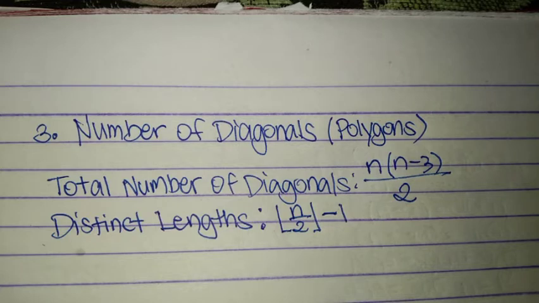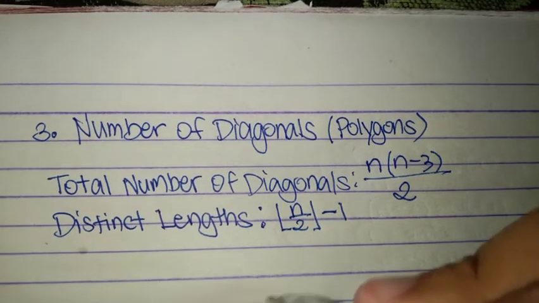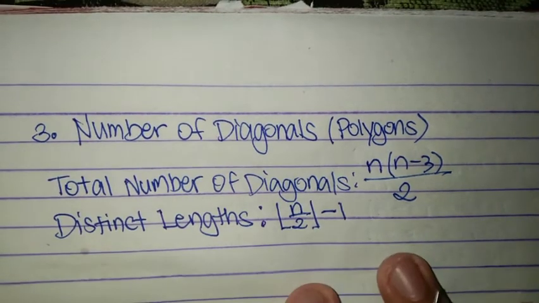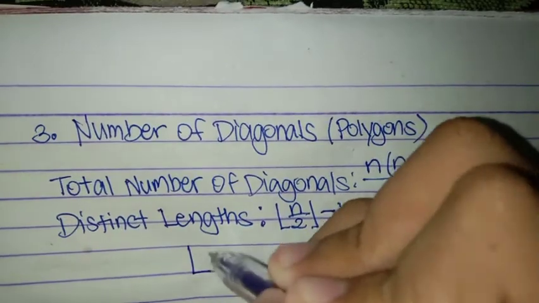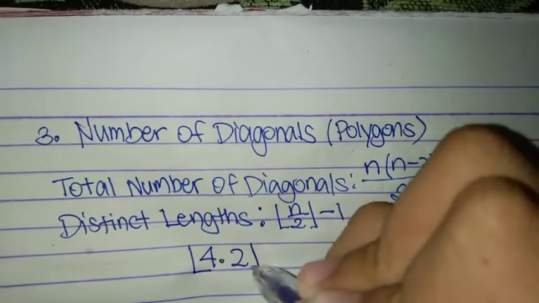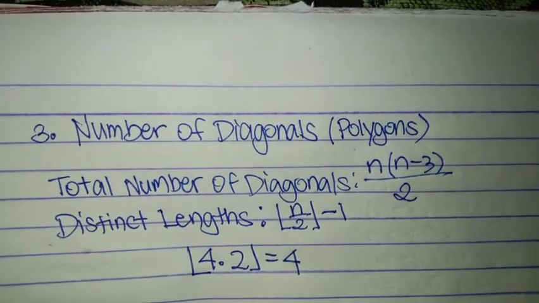So for those people who do not know how the floor function works, the floor function is the largest integer less than or equal to a certain number. For example, the floor of 4.2 is 4.